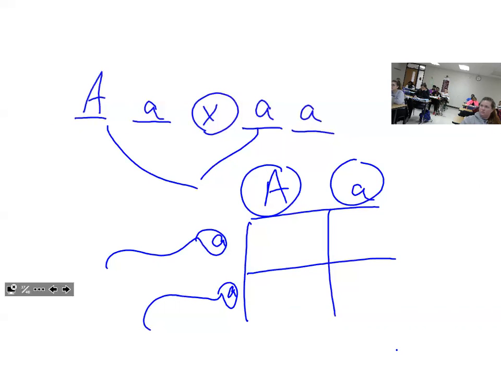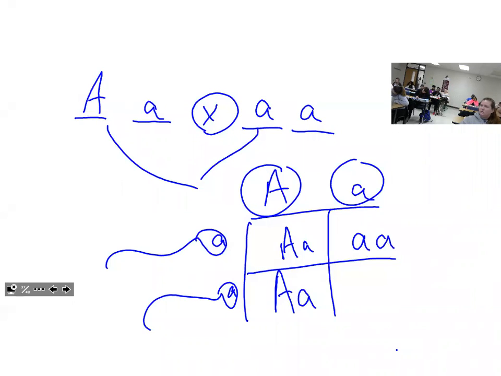So if I were to ask you if this egg met that sperm, what would this child be? So this child is what? This child is phenotypically dominant and genotypically what? Genotypically heterozygous. What about this child? This child is phenotypically dominant and heterozygous genotype, right? What is this child?